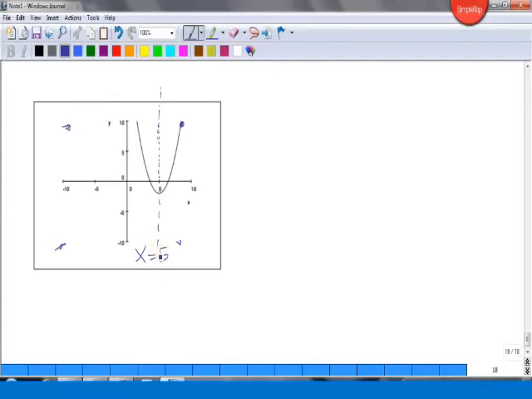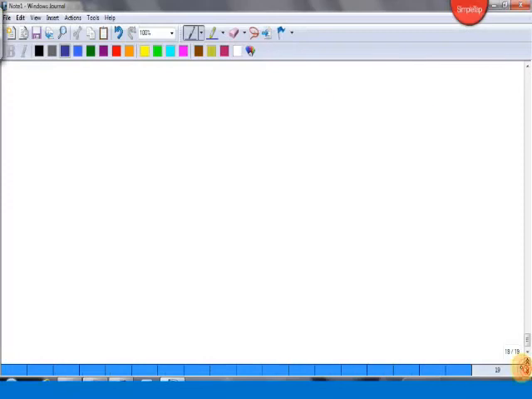X equals 0 is the y-axis, that's one of our three types. X equals 5 is not one of the three types we're interested in this section. So that's not to say this has no type of symmetry at all. I can say none of the above, but that's not the same thing as saying no symmetry, because it is symmetric with respect to that vertical line. It sure looks like this parabola is.